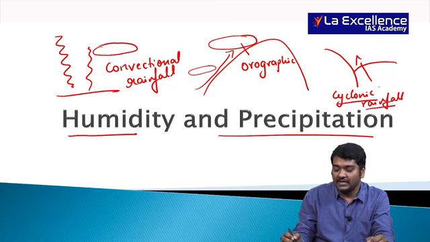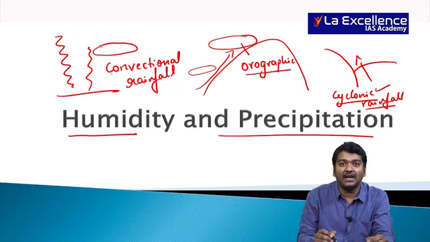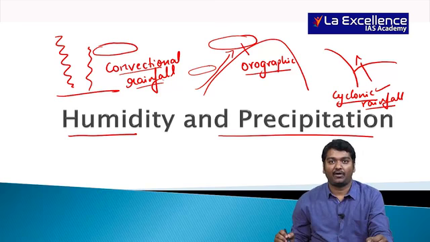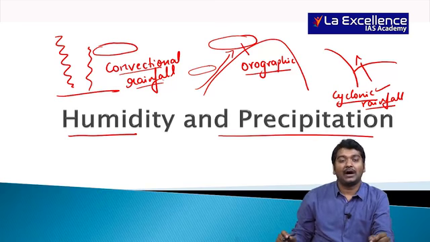Rainfall associated with cyclones is called cyclonic rainfall. Rainfall associated with mountains is called orographic rainfall. Rainfall associated with the heating of the sun is called convectional rainfall. Is that fine? Now, after looking at this, let us look into other aspects.